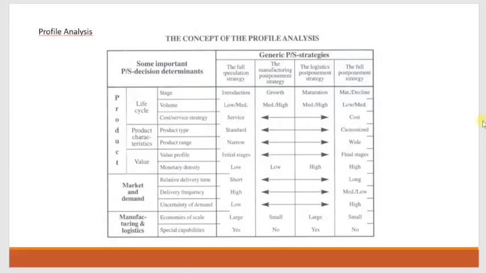It is conducted by pinpointing the attributes of the company in the presented spreadsheet. The next thing you have to do is connect the marked attributes by drawing a line. The straighter the line is, the more clear-cut is the strategy.